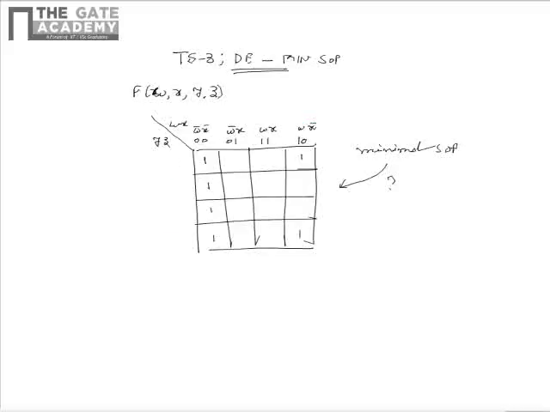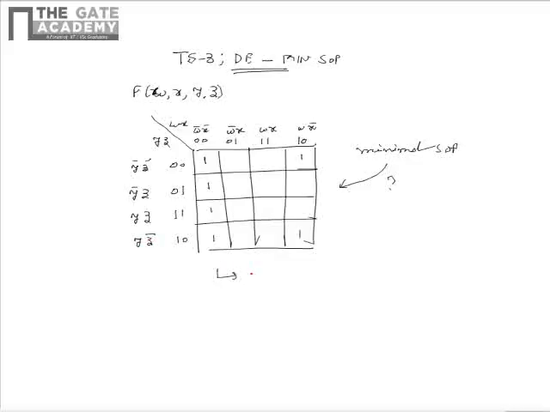Similarly, upon labeling the rows, we get the values as 0 0, 0 1, 1 1 and 1 0. 0 0 corresponds to y bar z bar, 0 1 corresponds to y bar z, 1 1 corresponds to yz and 1 0 corresponds to y z bar.